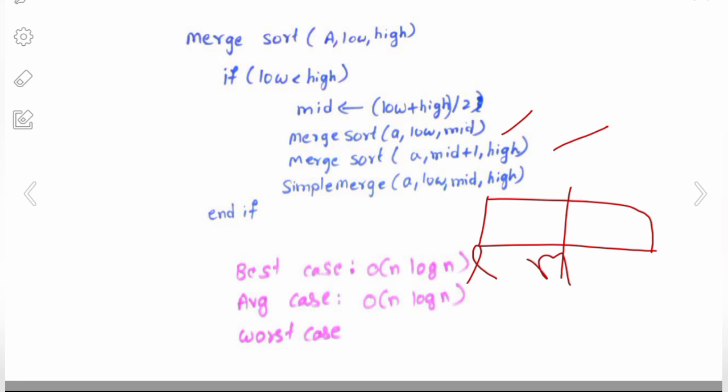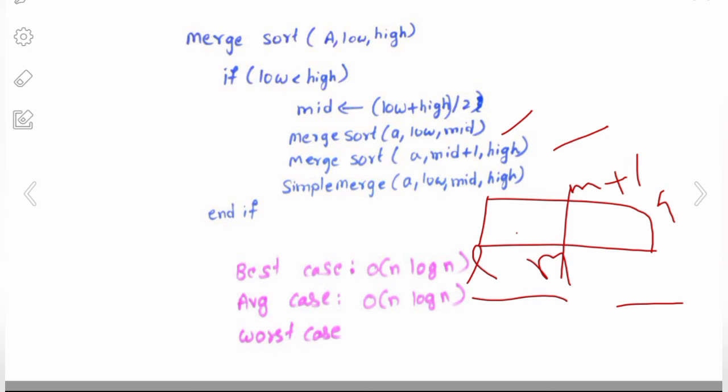And the array with middle plus 1 and high is the other sub array, right? So we divide the given array into two parts, that is low comma mid and middle plus 1 comma high. These are the two sub arrays.